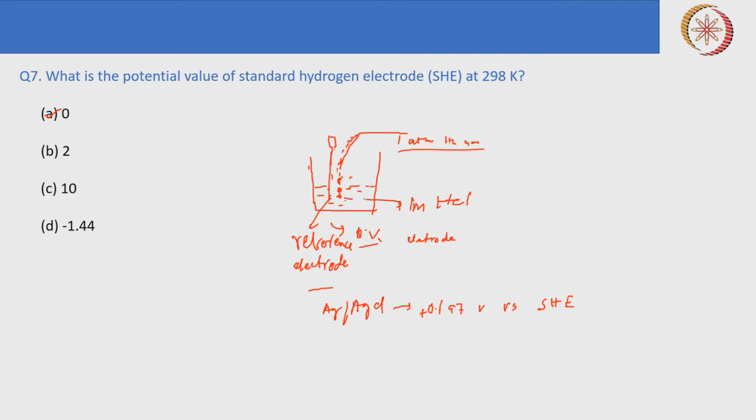No reaction is happening on the platinum electrode surface itself, so its potential remains constant. That is why we consider this potential as 0 volt, the standard potential. Okay, I think today I want to discuss up to this point only.